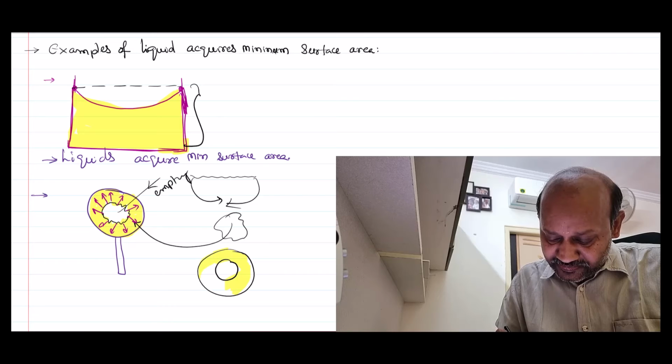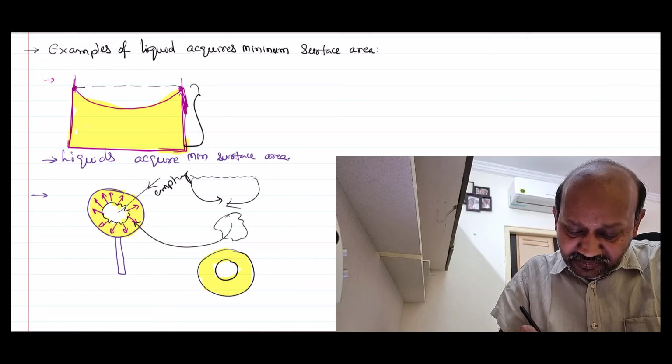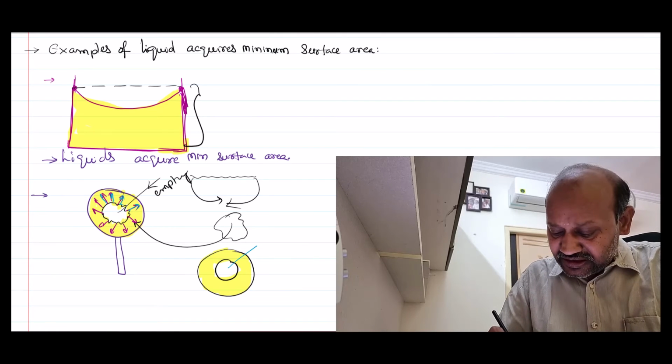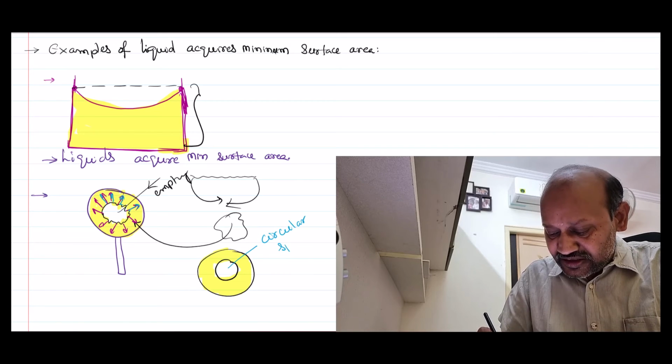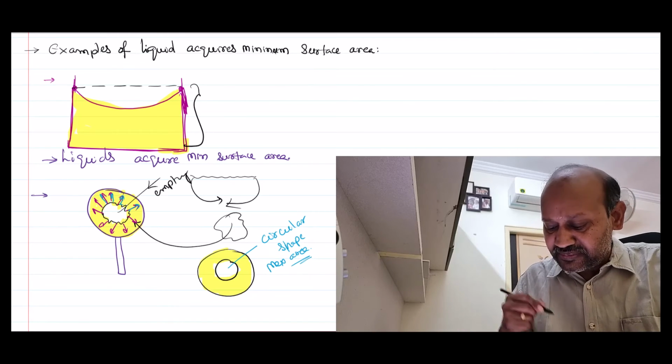So what happened? Do you notice? The liquid, that is the soap solution, has pulled every part this way so that the thread acquired a circular shape. Why a circular shape? This is the shape that takes maximum area in two dimensions.